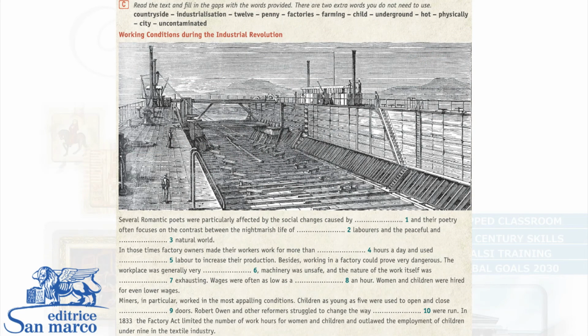Okay, another activity here. This is a fill in the gap, with the words provided. And this text focuses a bit more in detail on the working conditions during the Industrial Revolution. So again, notice the social aspects, the social nature of the text choice.